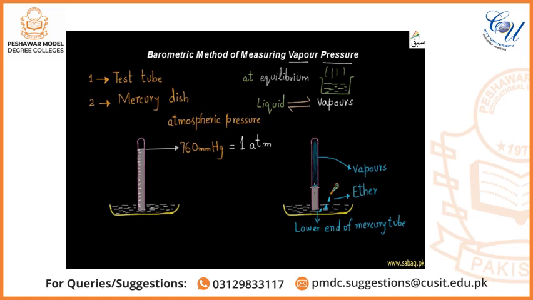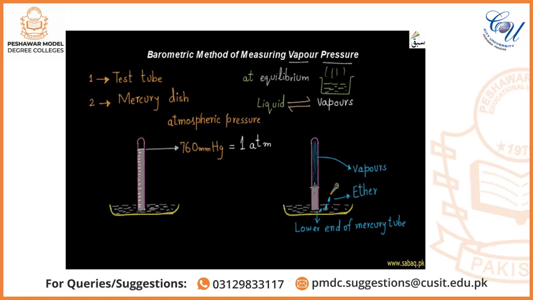After some time, the liquid will evaporate, and the vapors of the liquid exert some pressure upon the surface of the mercury present in the glass tube and push the mercury column downward. So the decrease in the mercury column will give the vapor pressure of the liquid.